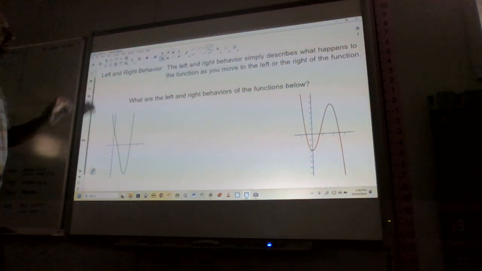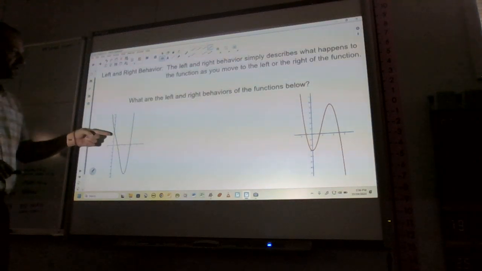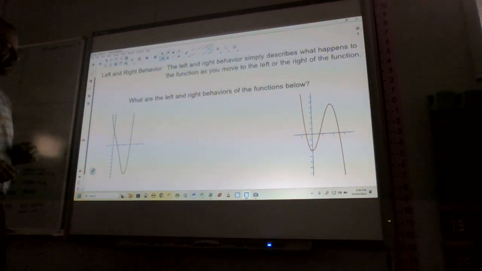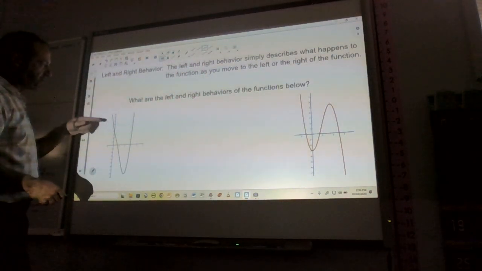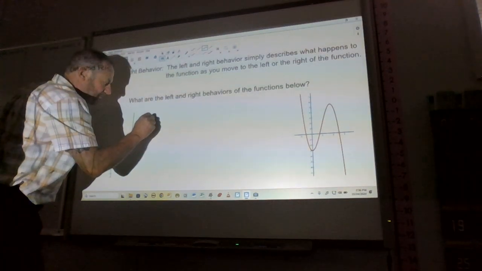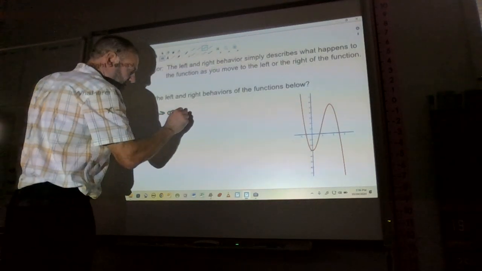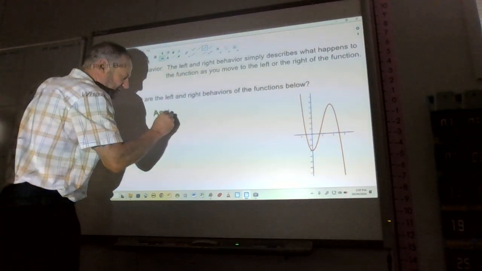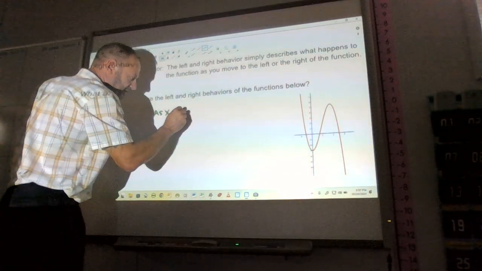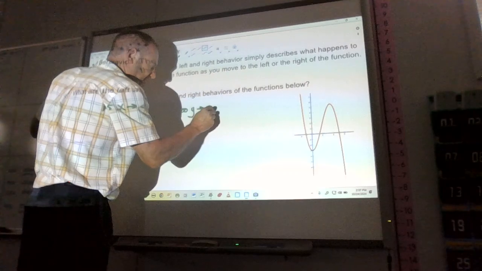Okay, so left and right behavior. The left and right behavior simply describes what happens to a function as you move to the left or the right of the function. So I've got a couple of funky equations here. Okay, so this one here in green, as x goes to infinity, so I'm going this way, y also goes to infinity.